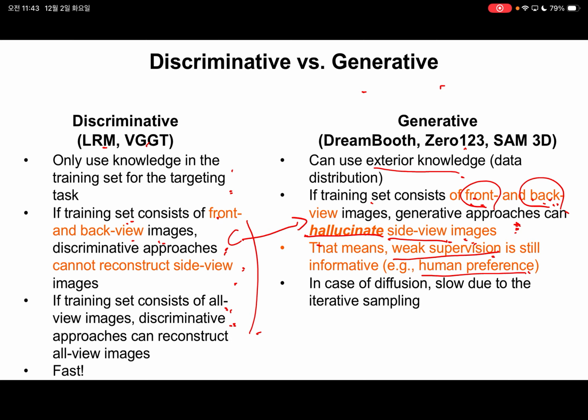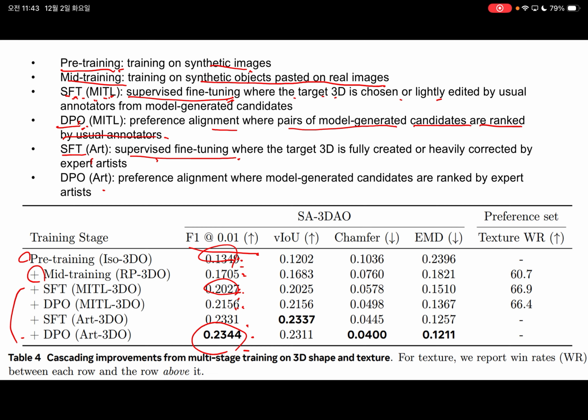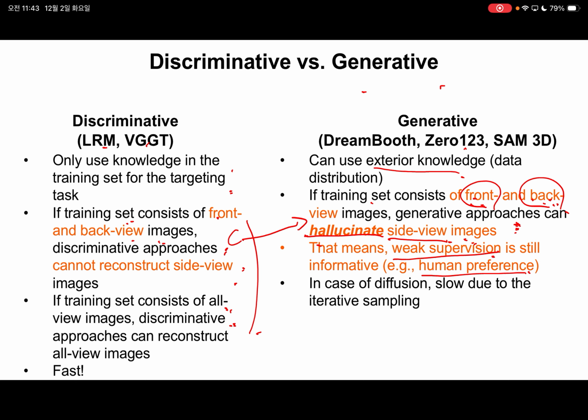For example, human preference. We use this kind of DPO, right? Human preference. We make a rank on the candidates of 3D reconstruction, and then use such rank information as an additional supervision signal. For the discriminative approach, it is not possible to use this kind of rank information as a supervision signal. But for the generative approach, weak supervision is still informative. That is the clear difference between discriminative and generative approaches.